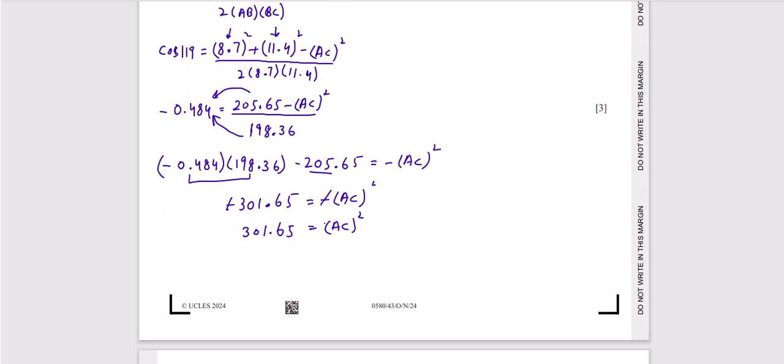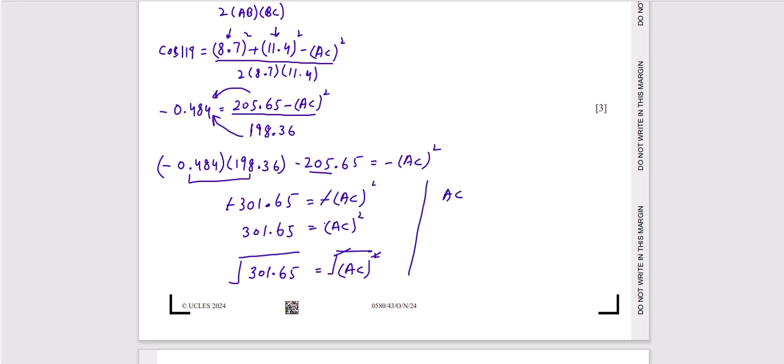So taking square root on both sides, the square root cancels with the square.